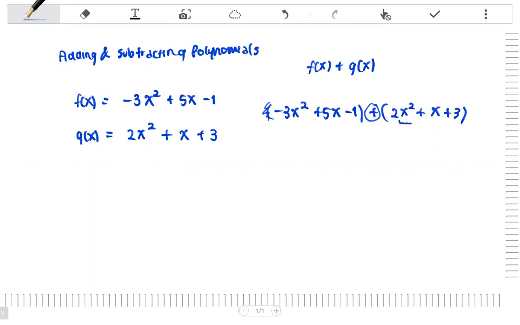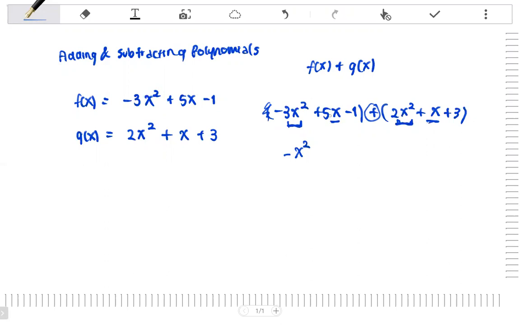So we see there's an x squared here, and there's another x squared here. So if we have negative 3 of something and add it to 2 of something, we're going to get negative 1 of something, right? So negative x squared. Negative 3 plus 2 is negative 1. We have an x here and an x here.